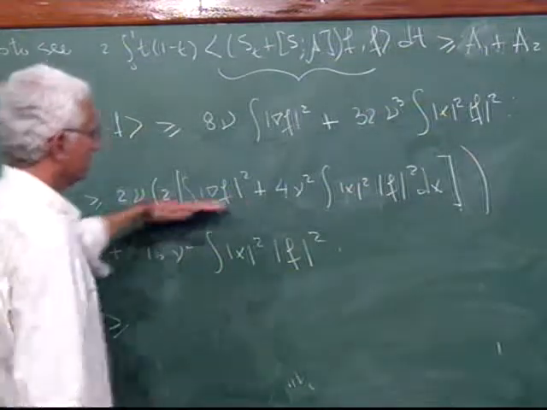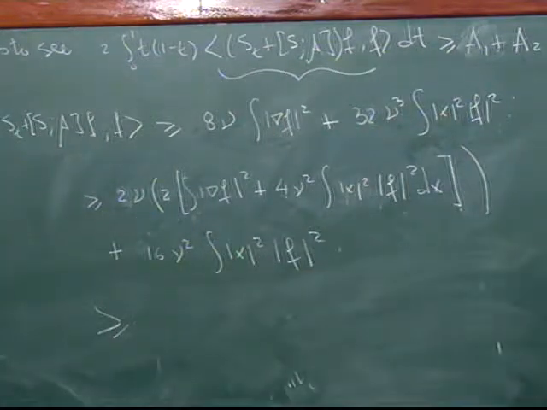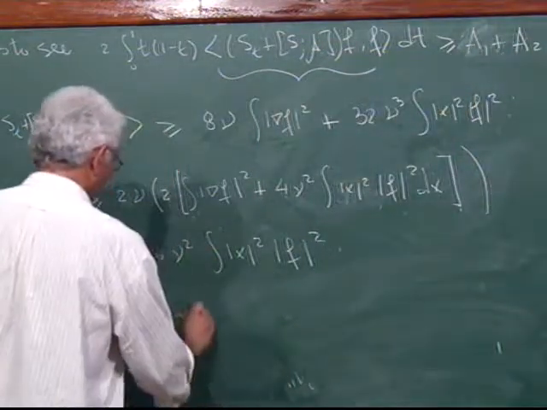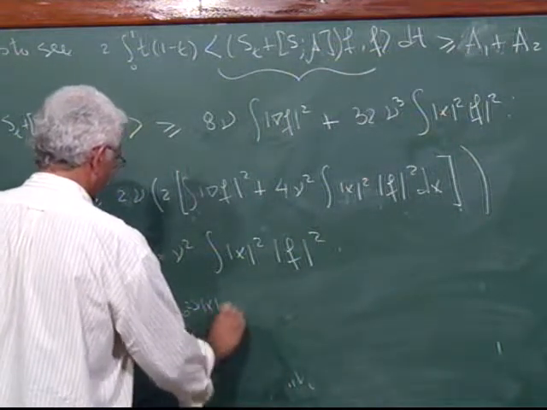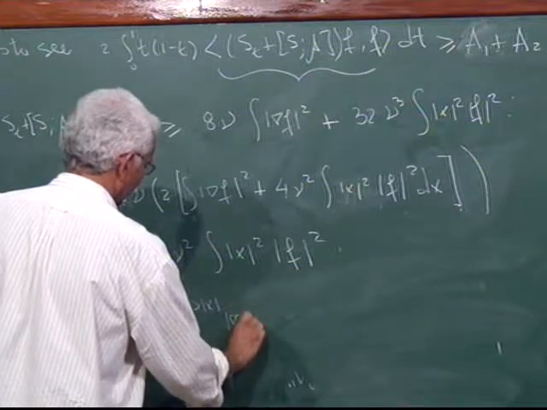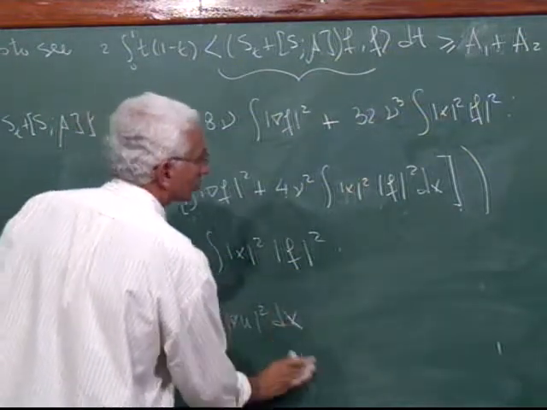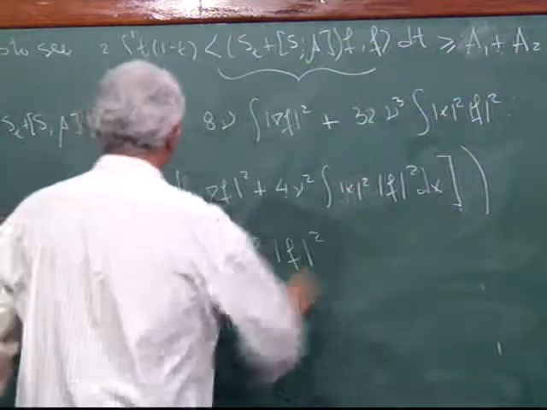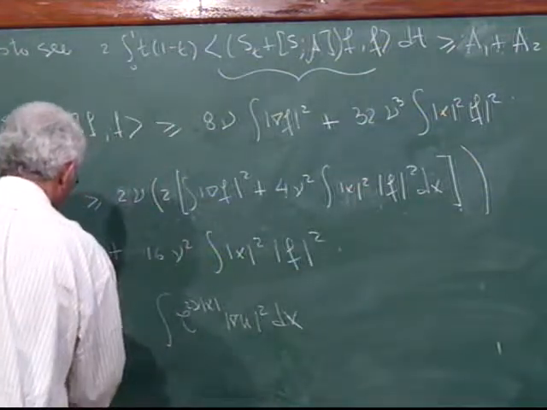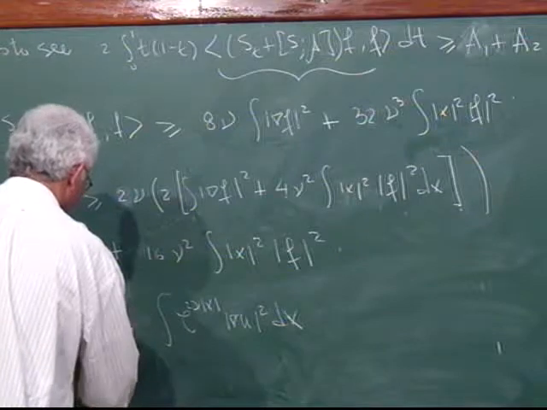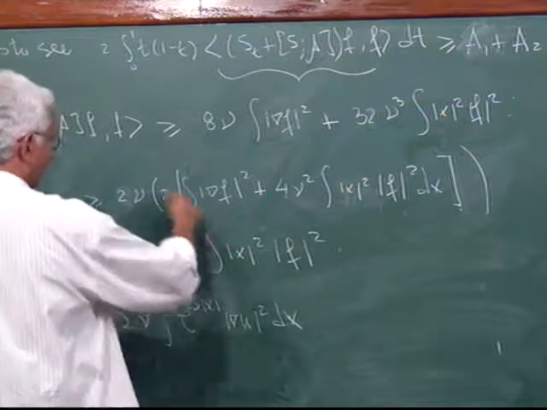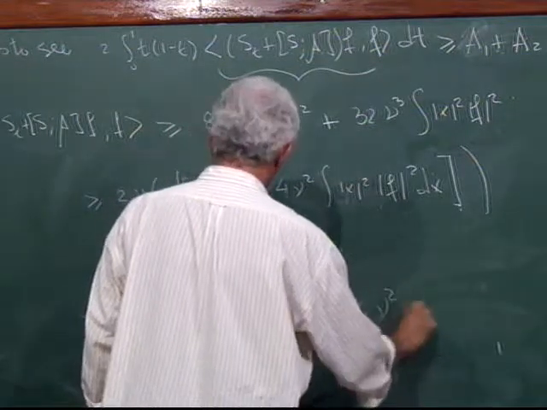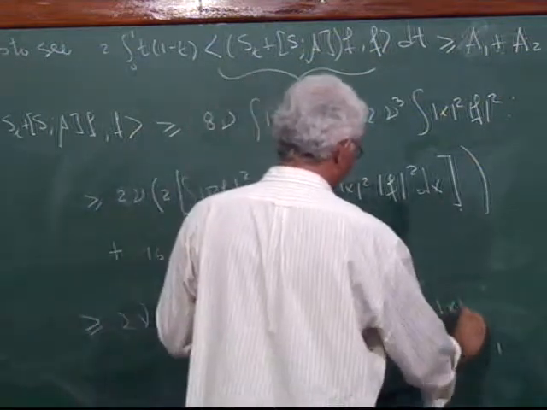The first part gives me this. This part gives me this, maybe with a 2 mu in front, 2 gamma. This part gives me 16 square, and I put the definition.